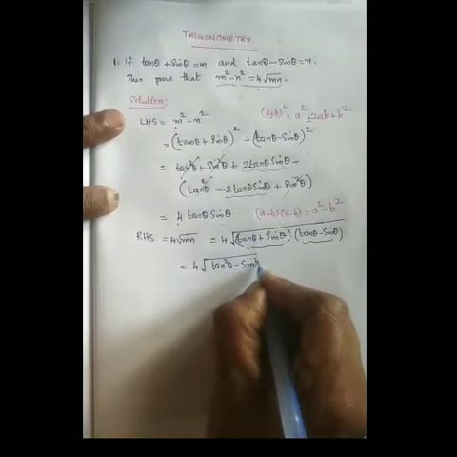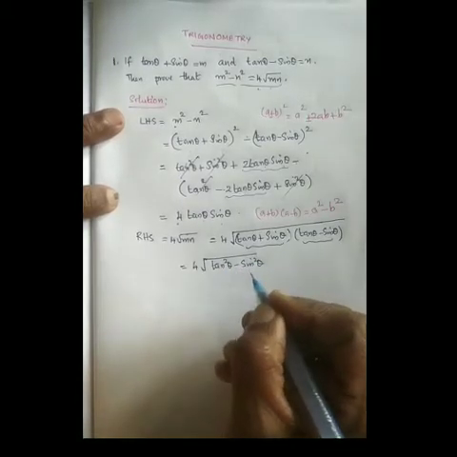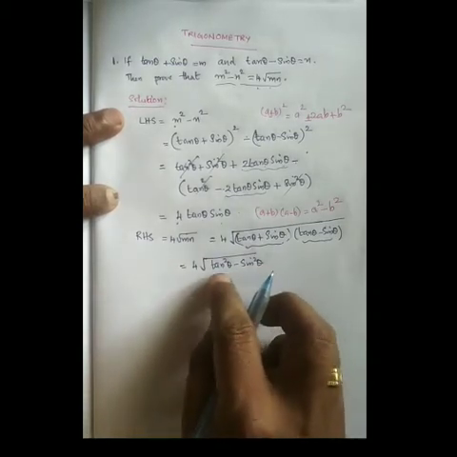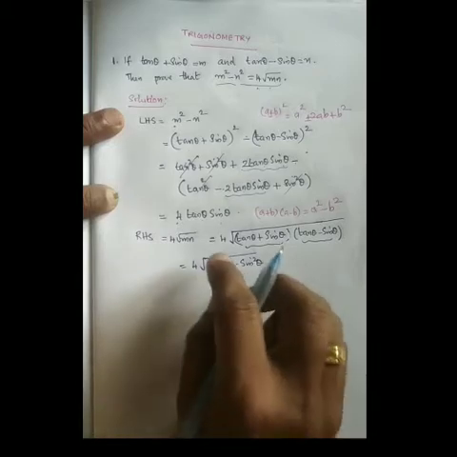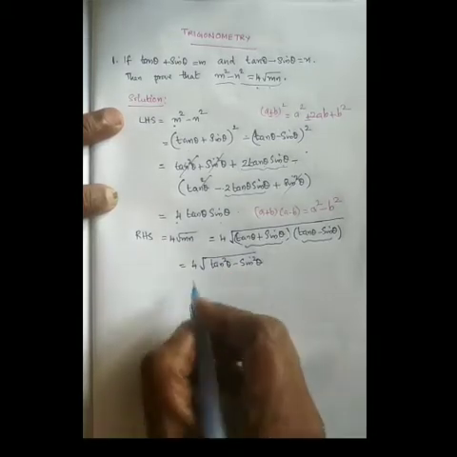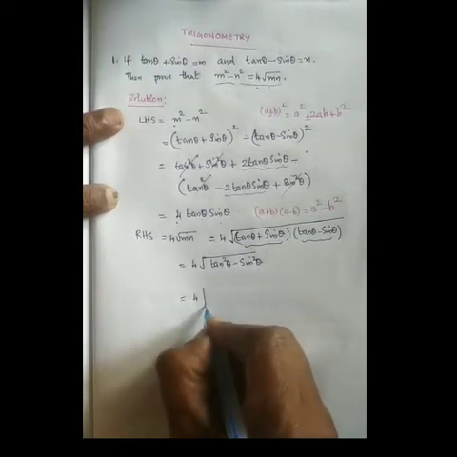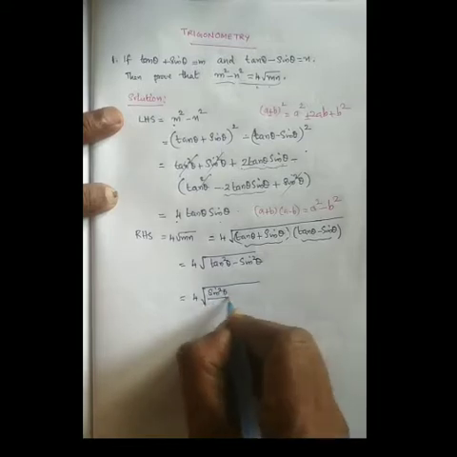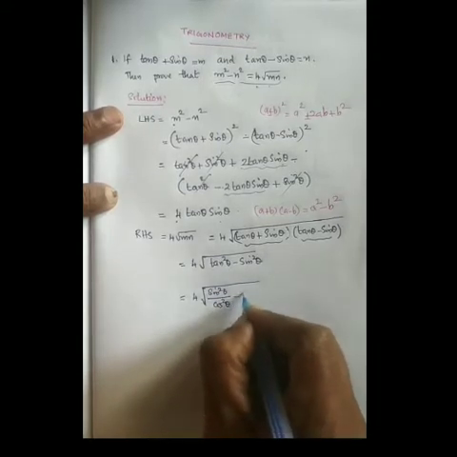Also we know that, for getting the answer, we take tan theta as sin theta by cos theta, that is 4 into square root of sin square theta by cos square theta minus sin square theta.